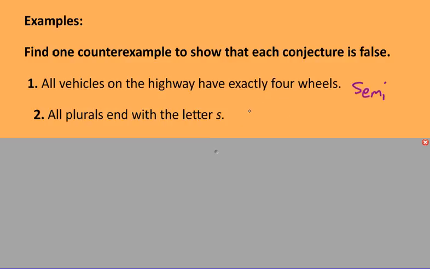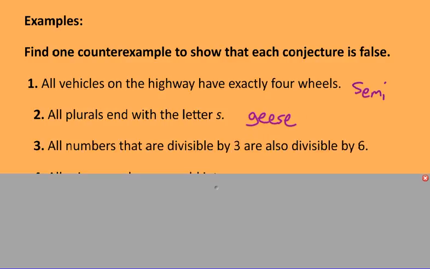How about geese, or children, or moose? They don't always end with the letter S because there are some plurals that do not.